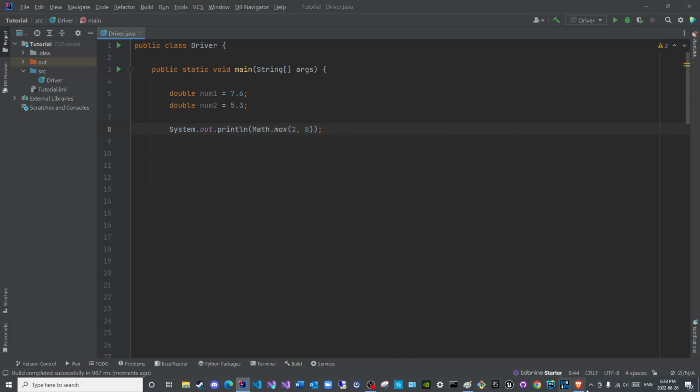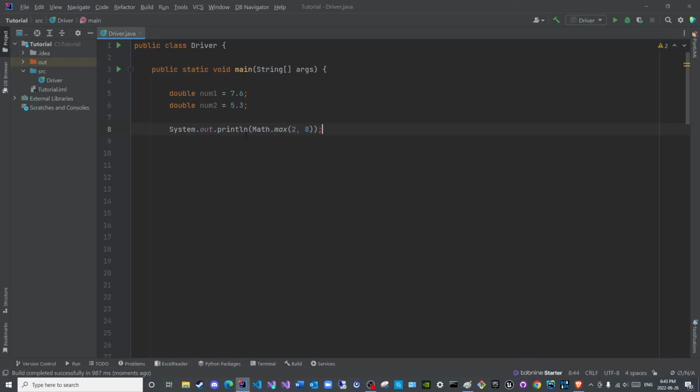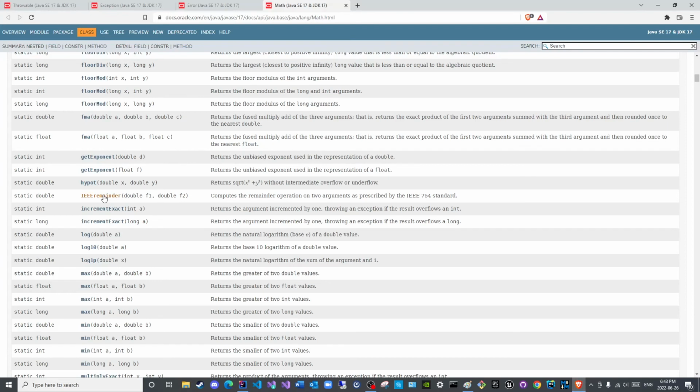Now let us try this hypotenuse method. Well, let us try log 10. So if I remember my math correctly, log 10 of 10 should be 1. Oh, so I still remember it. Okay, perfect. Now let us try this hypotenuse.